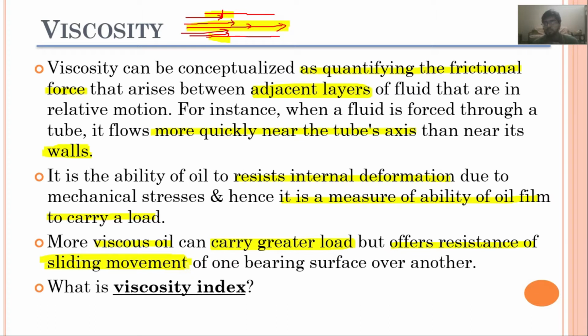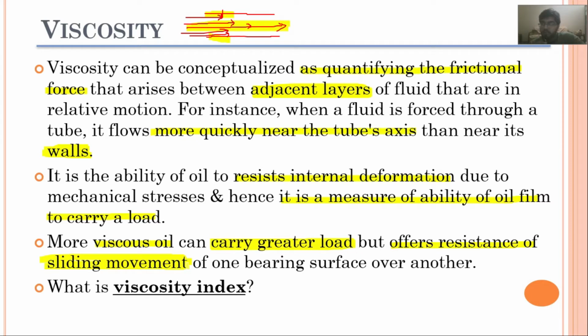So this is the main difference, that if we have a fluid which is more viscous, obviously it can bear much larger loads, but if it can bear a larger load, it means it will also offer a great resistance between the sliding components.